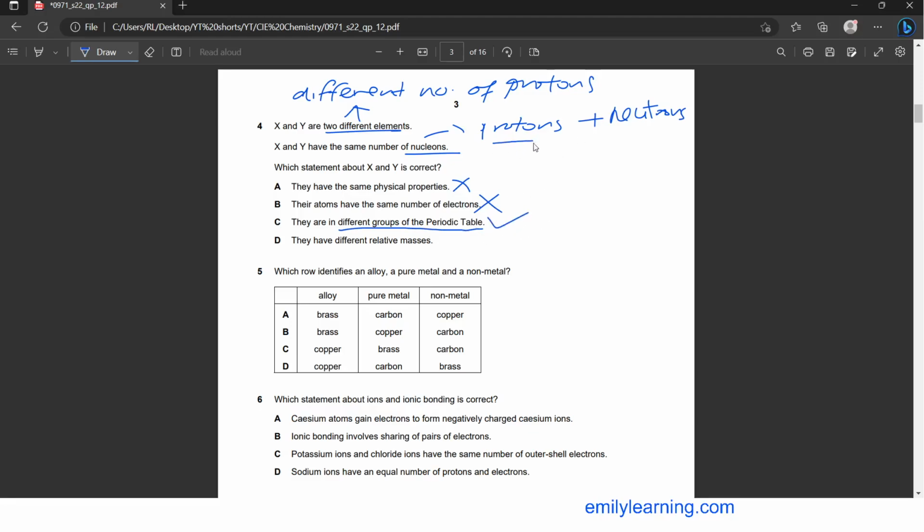Since they are not the same element, to have the same number of protons plus neutrons, you probably will be in a different group. Okay, they have different relative masses. No, they have the same relative mass because relative mass is equal to protons plus neutrons. So the answer for 4 is C.